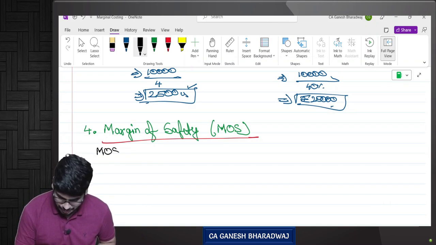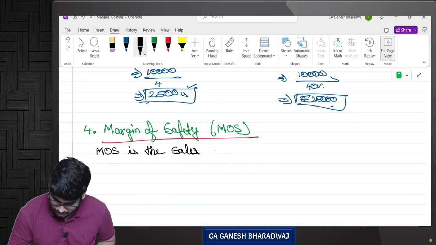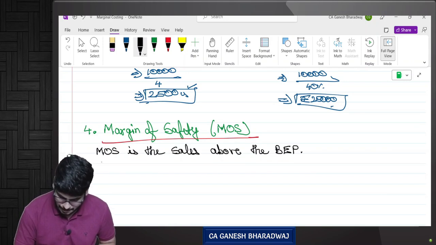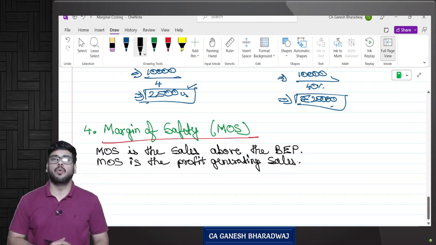Margin of safety is the sales above the break-even point. Margin of safety is the profit generating sales.